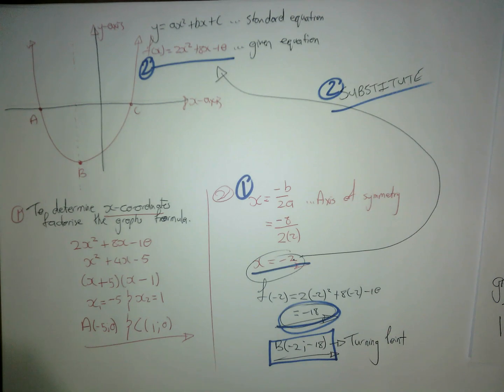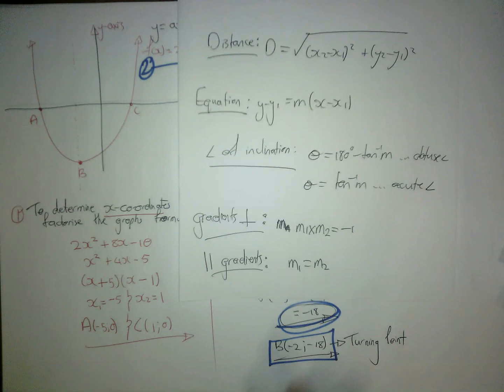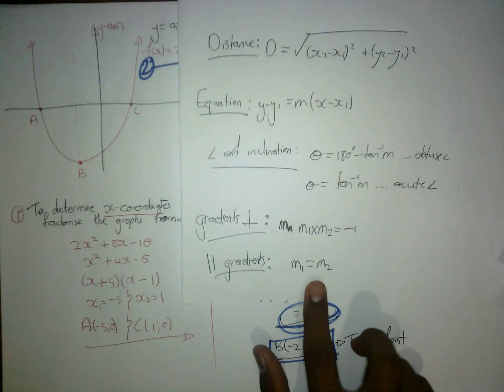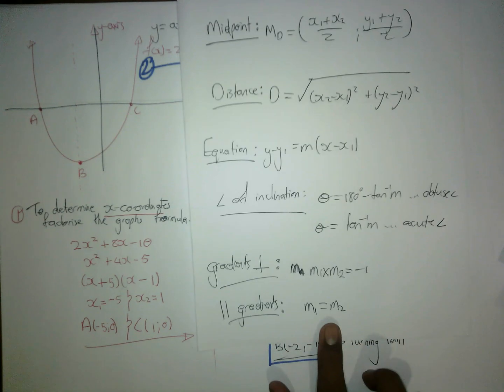Mr. B, on your formula sheet, for parallel lines, the gradients are equal to each other.